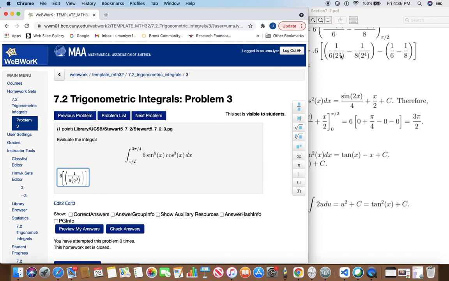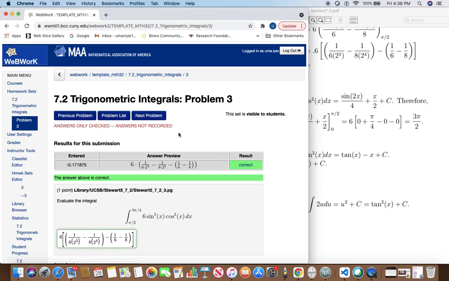That's the first term within the parenthesis, minus 1 divided by 8, 2 to the 4th power. So that's the first set of parentheses, minus 1 divided by 6 minus 1 divided by 8. Okay, and close parentheses, close brackets. I hope everything is fine. Let's try. Everything is good.